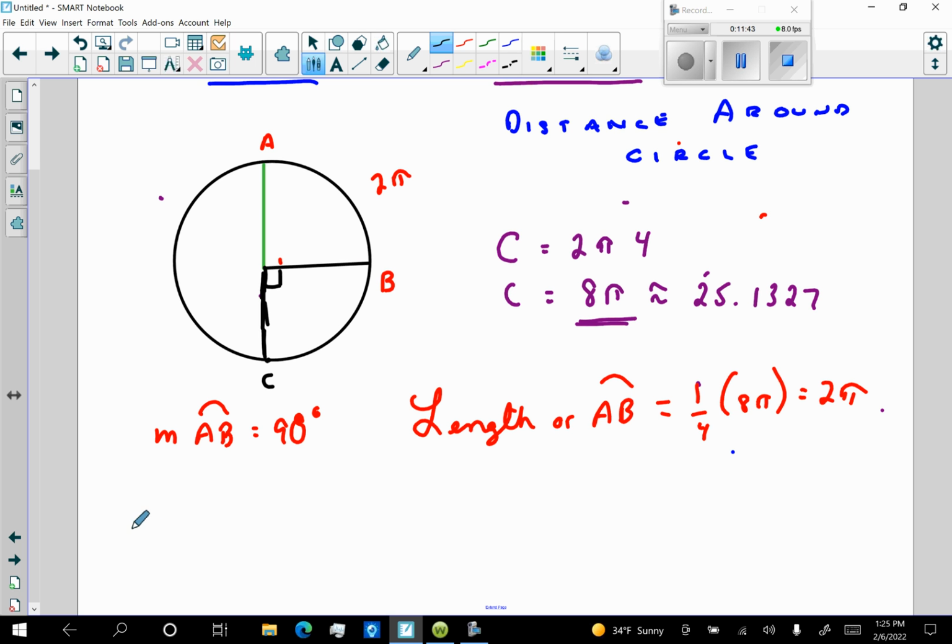And what if I talk about this? The measure of arc BAC. Now this is a major arc because it's greater than 180 degrees. So what I'm talking about then is this arc right here.